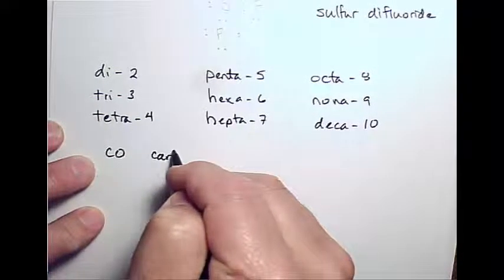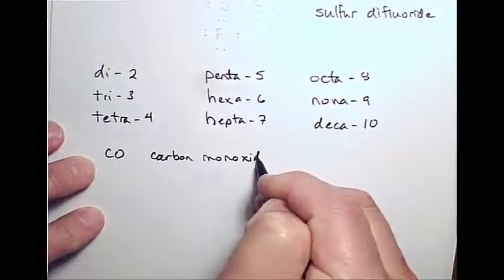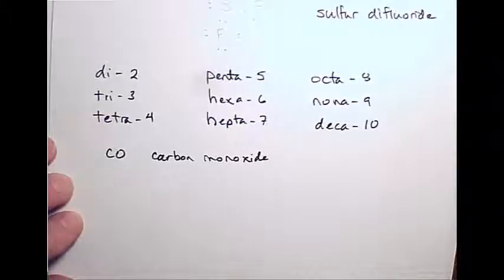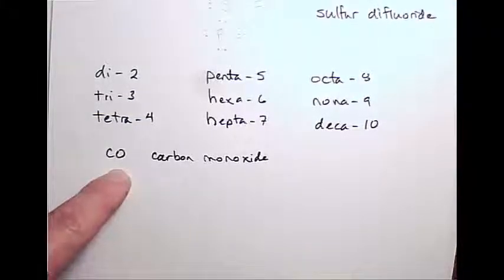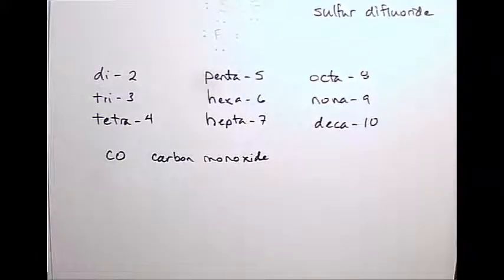Okay, that is carbon monoxide. Now, carbon monoxide is not as common as carbon dioxide, and it's also poisonous. Carbon dioxide, I mean, if you have too much of it, it still can kill you, but it's not considered poisonous.